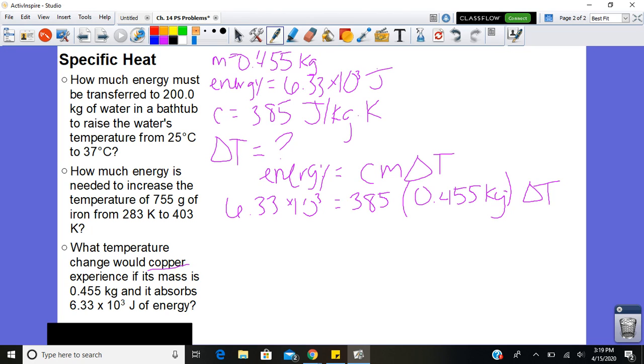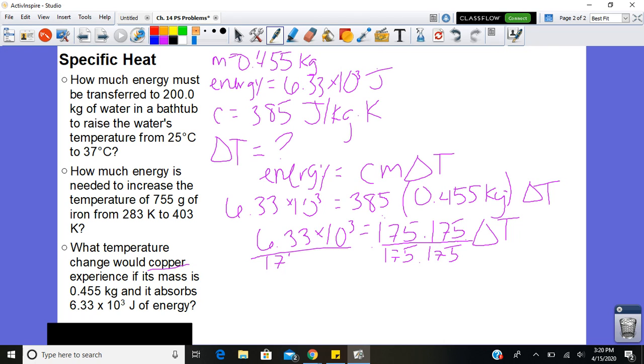So I'm going to first of all multiply these, my 385 and my 0.455 kilograms, just so I have fewer numbers to deal with. So I'll end up with 6.33 times 10 to the third equals 175.175 times delta T. I'm solving for delta T, so I want to get that alone. Since we're multiplying over here, I'm going to divide both sides by 175.175.